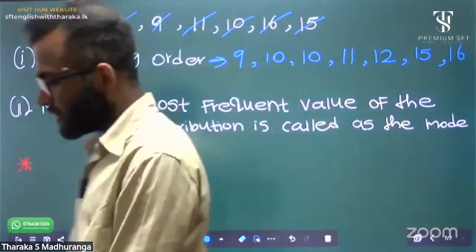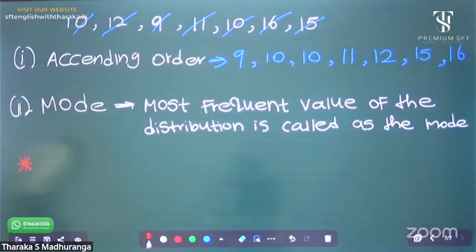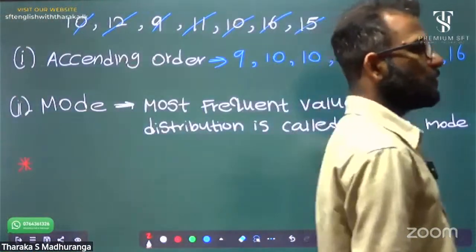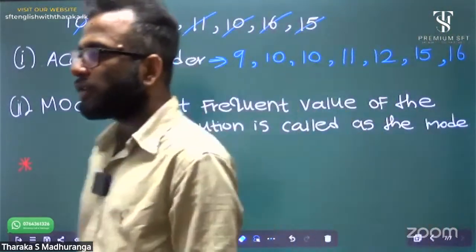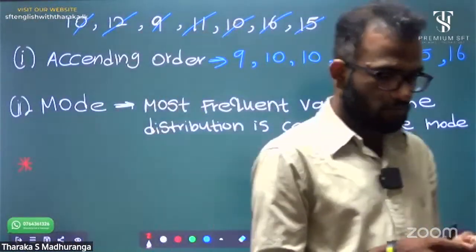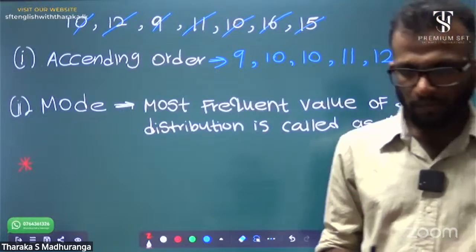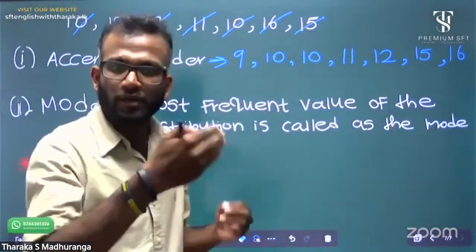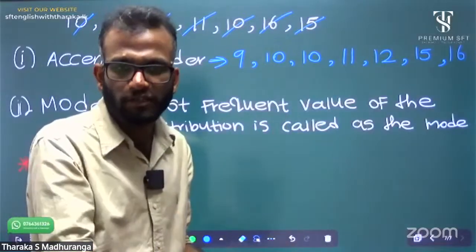Some distributions have more than one mode value. It's okay, no problem. You have to write down what's the mode: 10 and 11 and 12. No problem. It's a trimodal distribution.